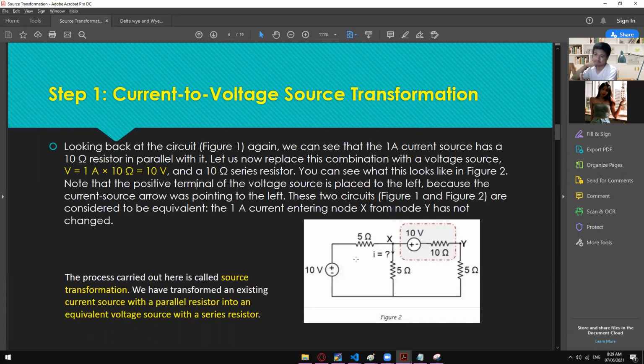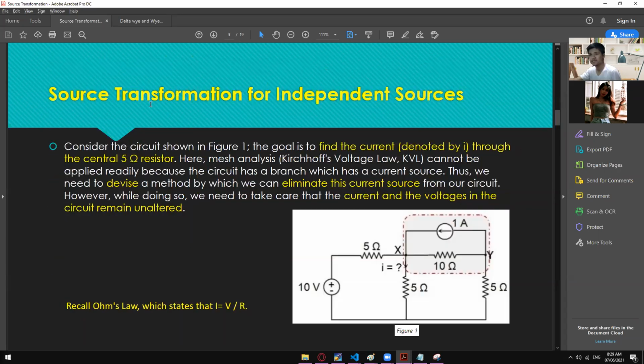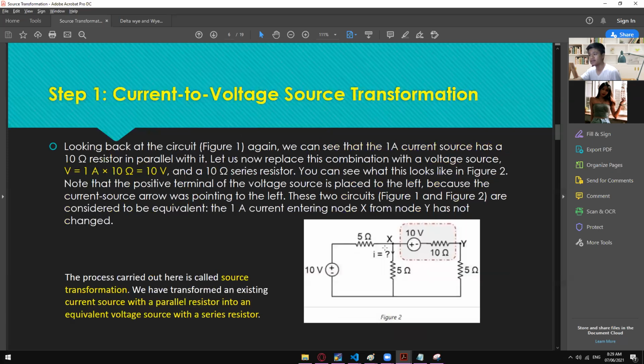Okay. But that one is more on the formula of Kirchhoff's law. It's not like applying source transformation anymore. So that is why we will not apply that for now.